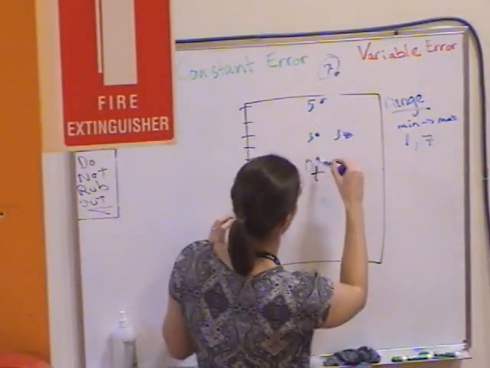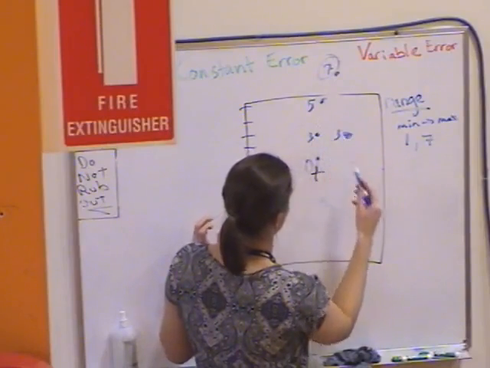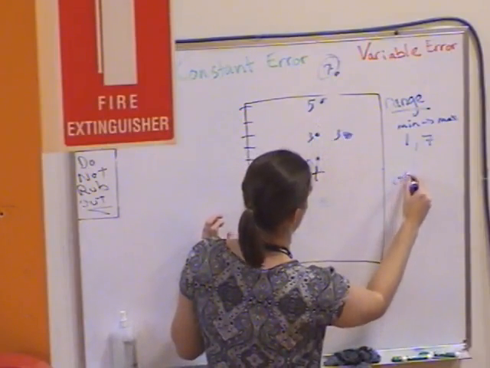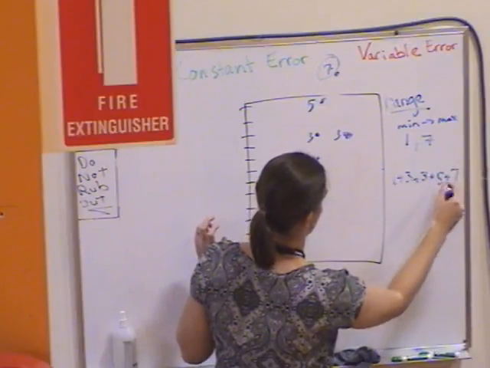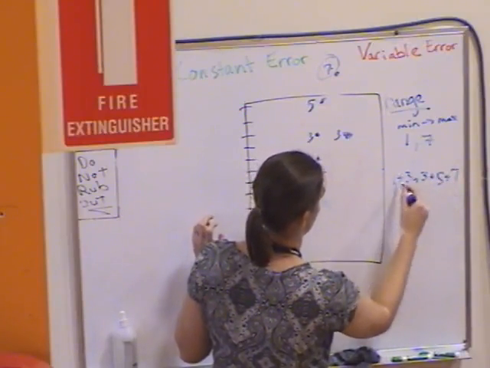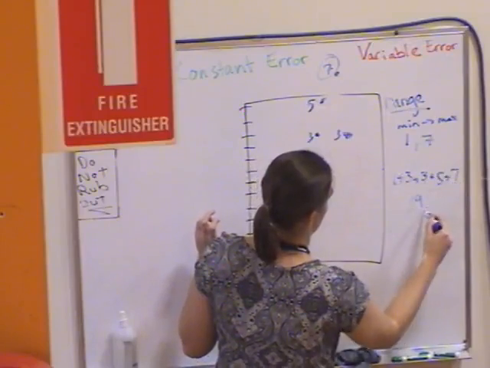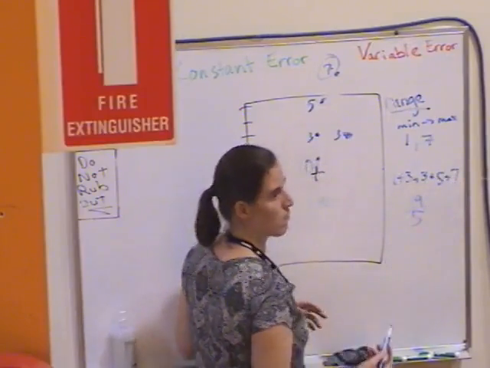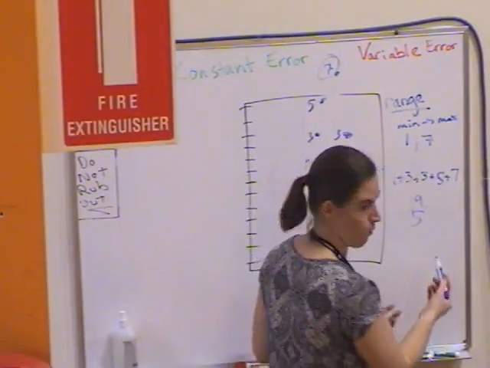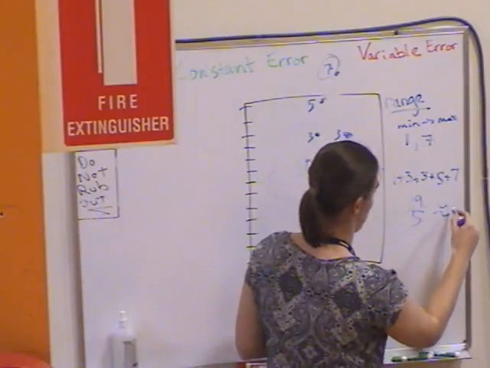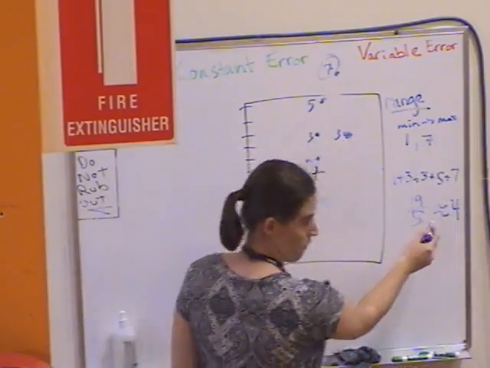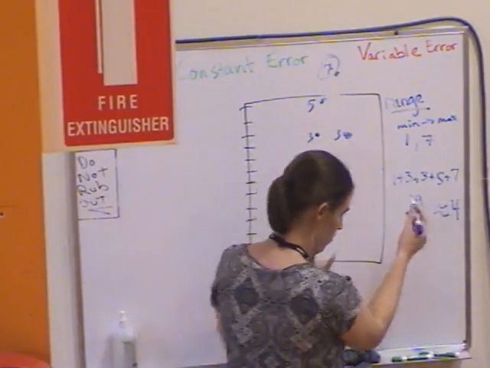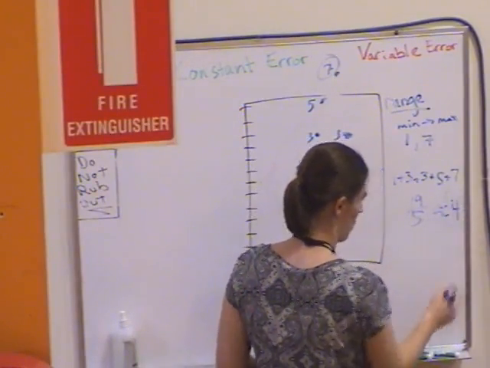So if you take the mean of this, 1 plus 3 plus 3 plus 5 plus 7, 15, 19, divided by 5, that's approximately 4. So let's say it's 4. That's your average, which I know you know, but that's average or mean, they call it.